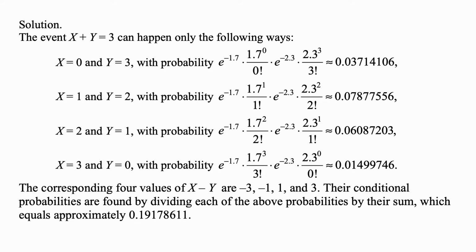We only basically operate within these 4 events. And then the probability of each of the 4, given that we only operate within those 4 events, is the probability we calculated divided by that total, which the total of the 4 is 0.191786111.